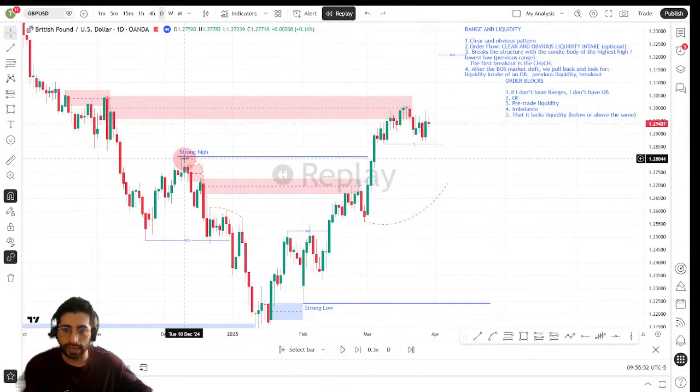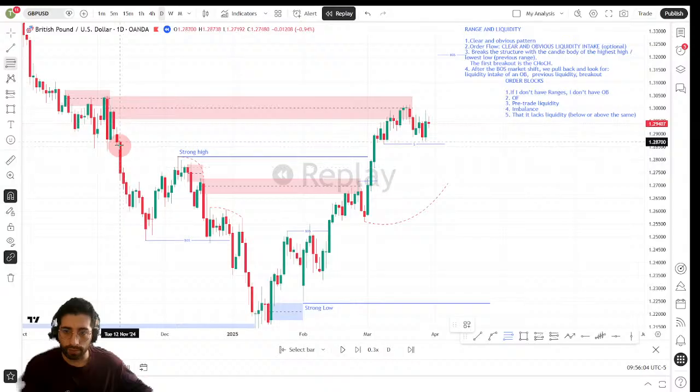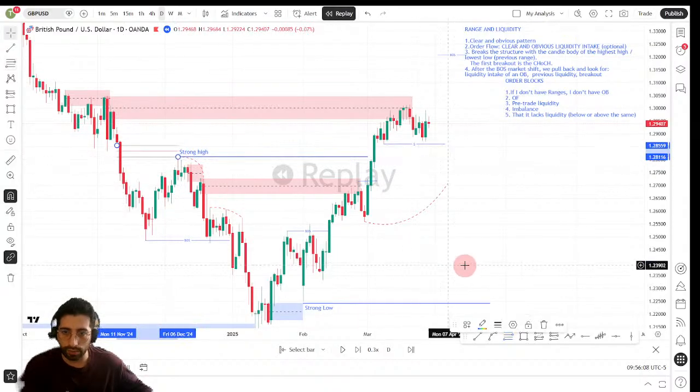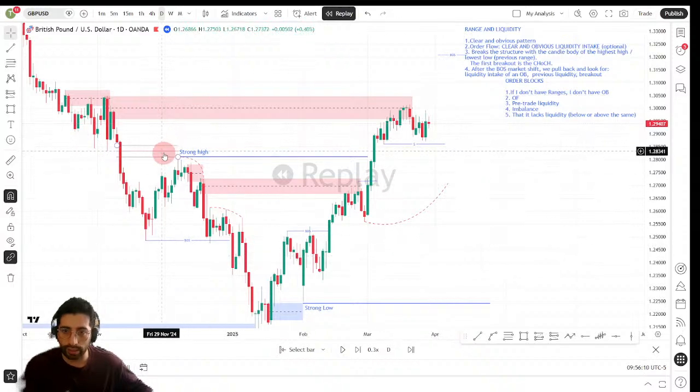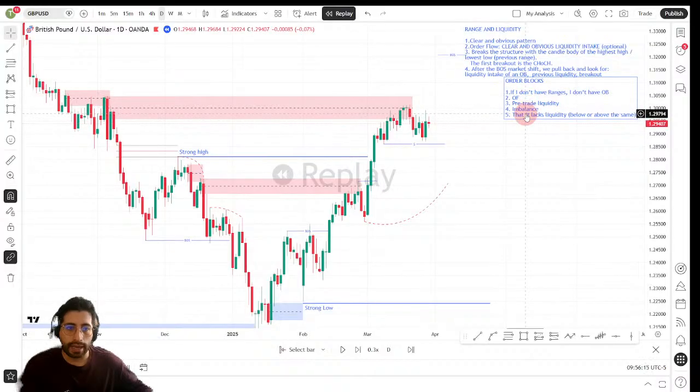So this high was the pre-trade liquidity. Then imbalance. It has an imbalance. You can see this space here is an imbalance, or also this space here, from this candle wick to this wick. Also, this is an imbalance, and it lacks liquidity below, above.